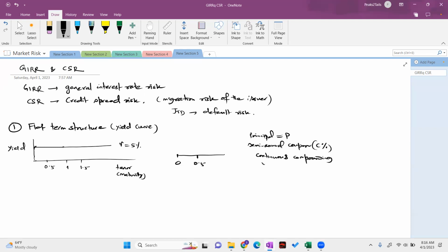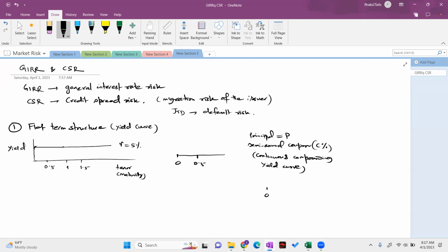Continuous compounding yield curve. You can always go back and forth between continuous compounding and discrete compounding. I hope you know the formula. If you don't know the formula, it's very simple to derive it.